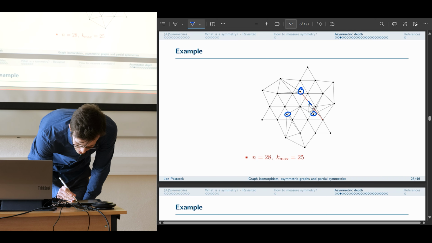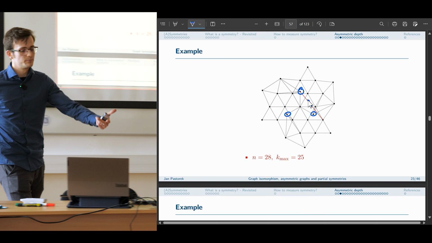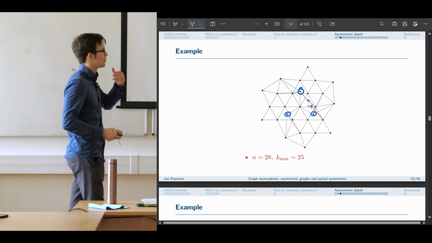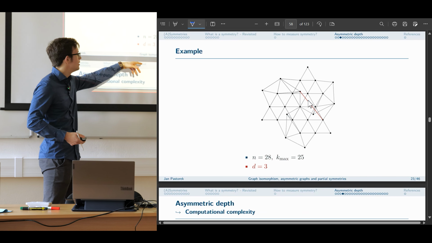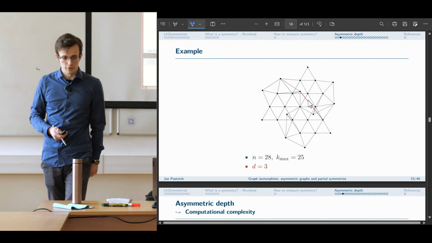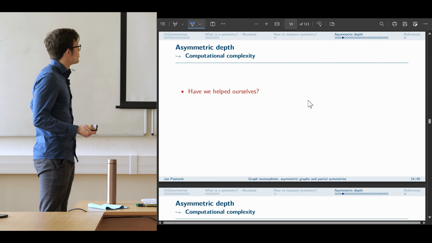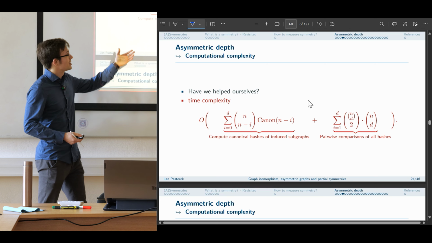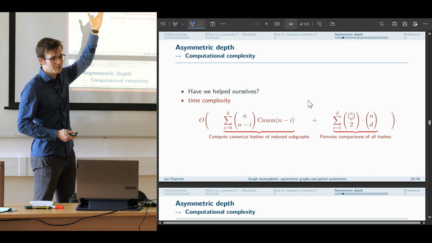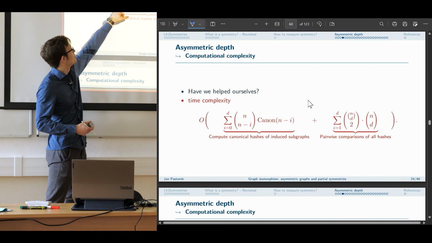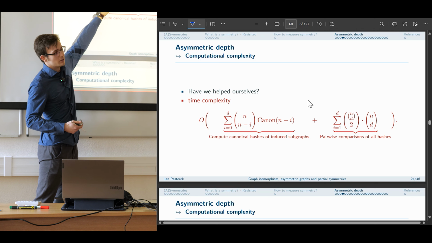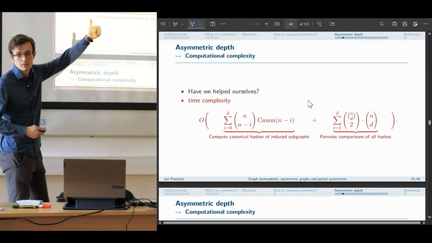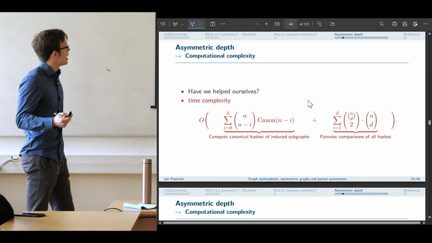And this one will be deleted along with them, so there will be a non-trivial partial automorphism of rank 25, and so its depth is equal to 3. Okay, so have we helped ourselves? Yes, a little bit, but as you can see, almost everything is the same. We would like to bound this asymmetric depth, okay, to somehow get better time complexity out of it.